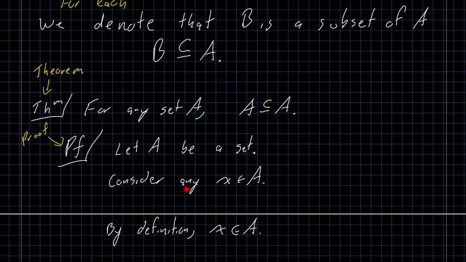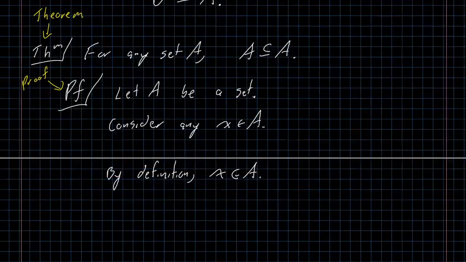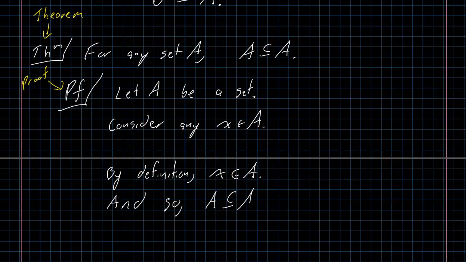So consider any element of set A. By definition, that thing is also an element of set A. And that's what it takes to say that something is a subset.